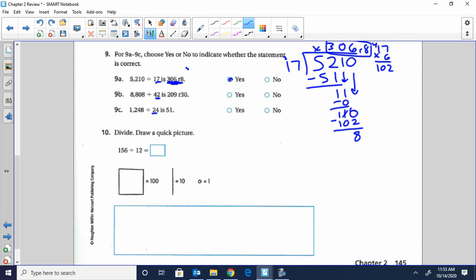Now remember, from earlier, we did say you could check with multiplication. And we could check this next one with multiplication by taking quotient times divisor plus the remainder, and that will give us the dividend. So we're going to check that this time. We're going to do 209 times 42.